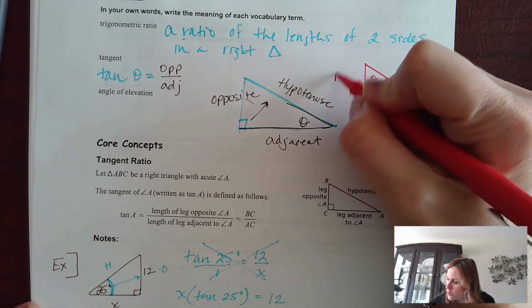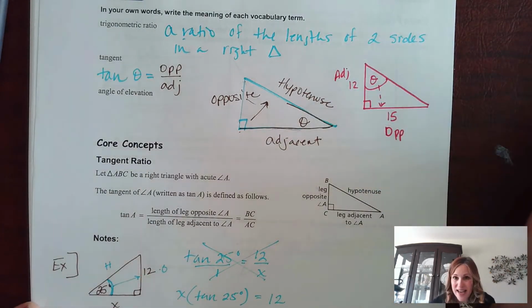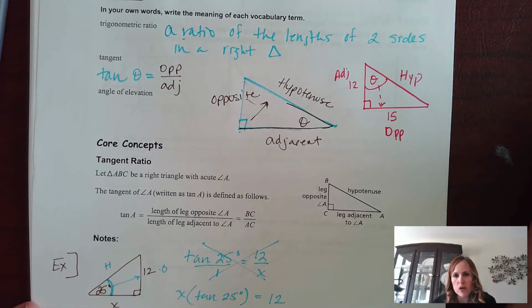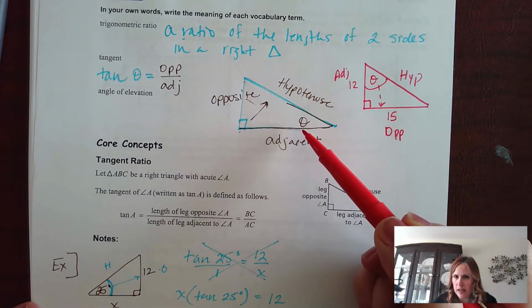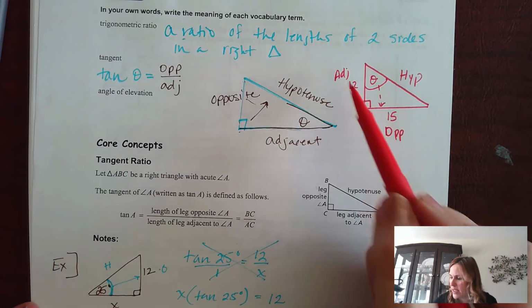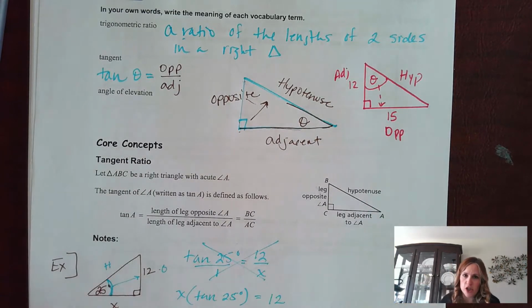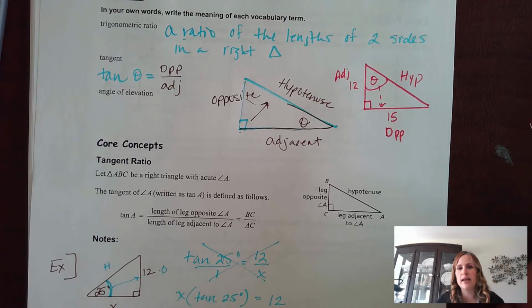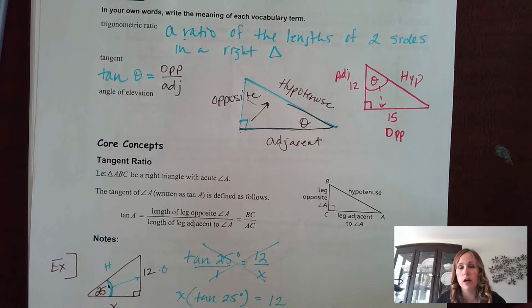This would be your adjacent side because it's next to your angle. And this would be your hypotenuse, which is across from your right angle. If we change where theta is, then obviously the sides that are opposite or adjacent are going to change. The hypotenuse never changes, because it's always the side across from the right angle in your right triangle.